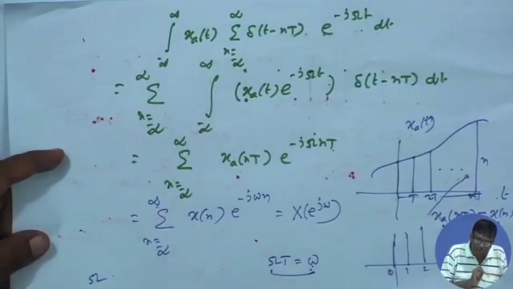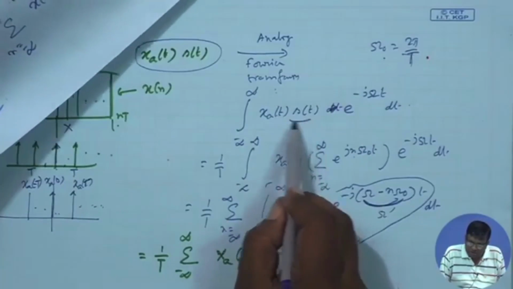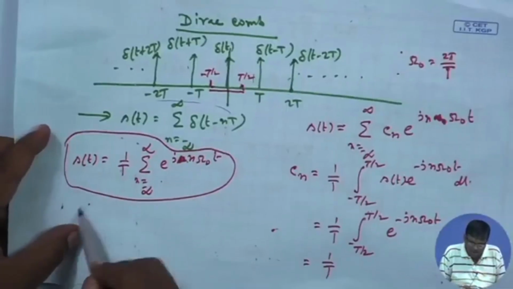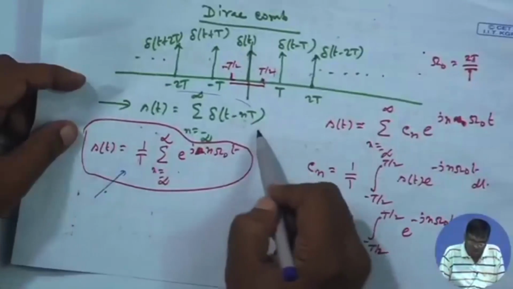That comes from this approach. We have carried out the integral twice, but once we replaced s(t) by this formula, and here I replace s(t) by what is given, that is impulses.